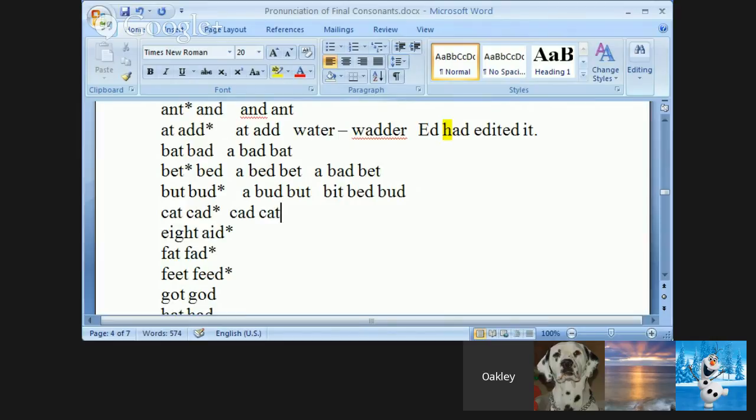And now the other way. Cad, cat. That's it. Do you know what a cad is? Actually, I didn't, but I looked it up, and it's like if I see a cad, I'm going to give him a piece of my mind. Okay. What is your definition? My definition is a very rude and obnoxious person.